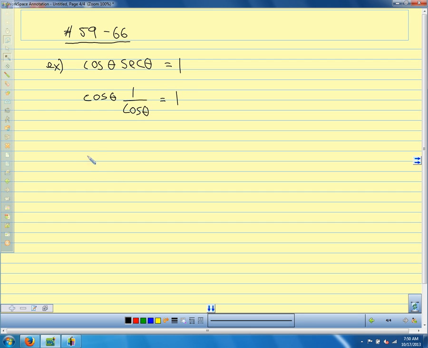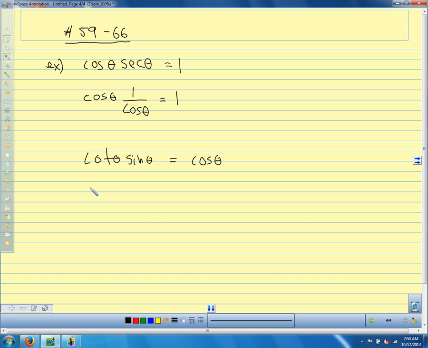So let's look at one more. Cotangent theta times sine theta. We want to show that that is equal to the cosine of theta. We want to show that we can change this into this.